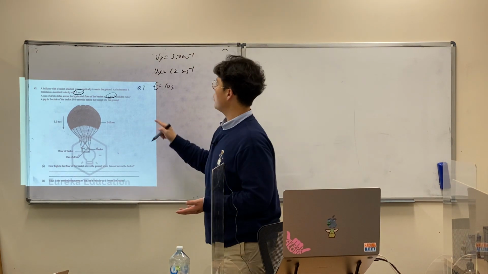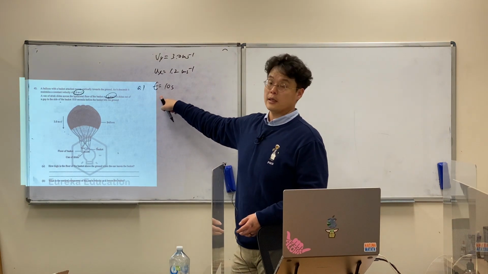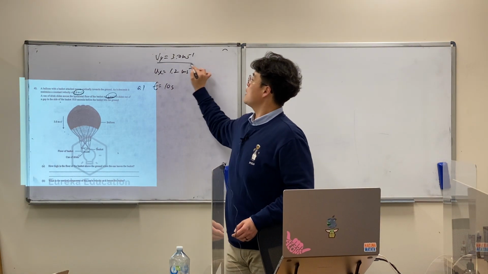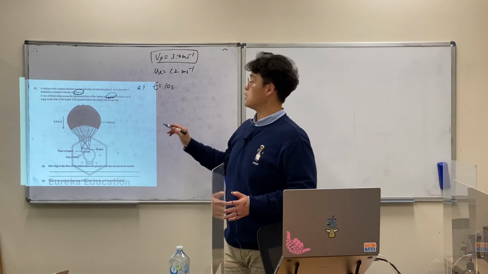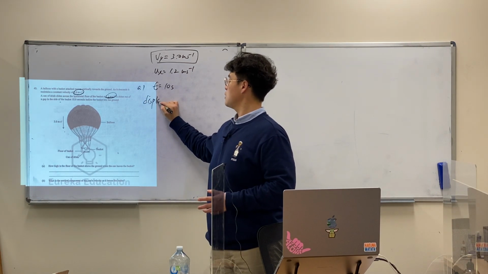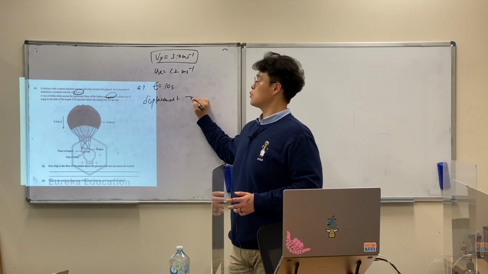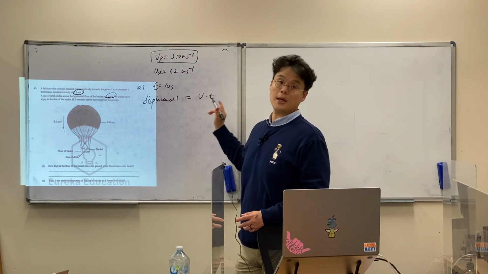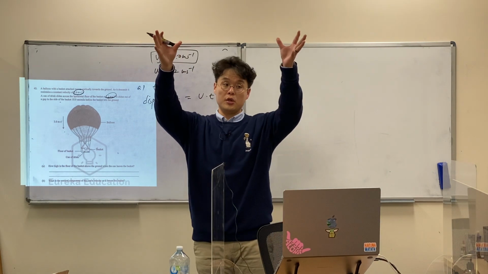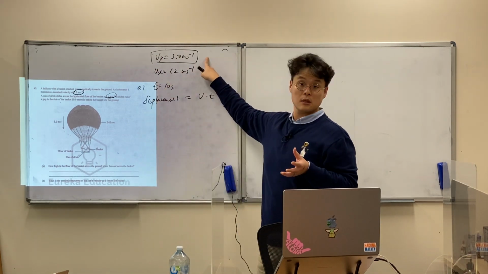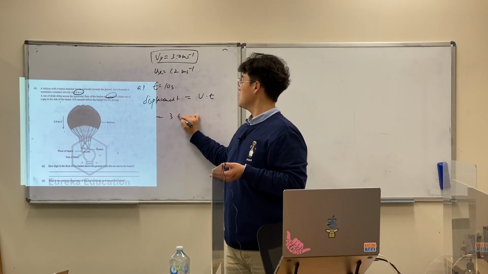Okay, we are given this, first of all, and it is descending at this constant velocity of 3 meters per second. Simple, means we can find the distance or displacement, which equals velocity times time. As the balloon is descending at 3 meters per second, that means 3 times 10.